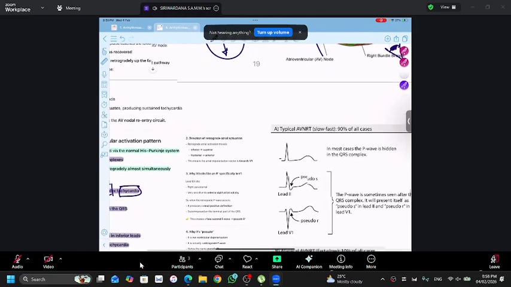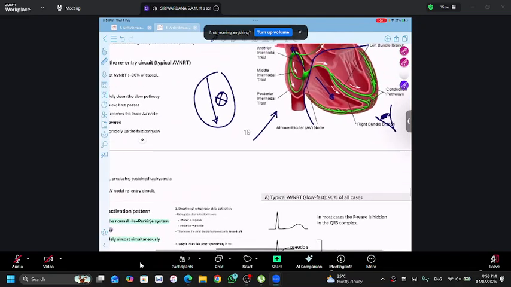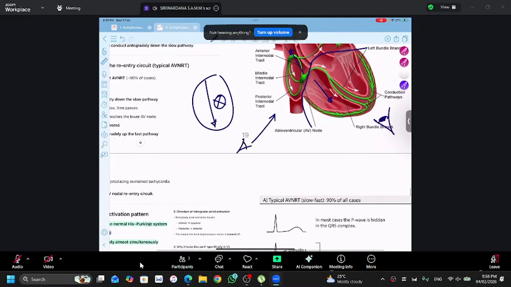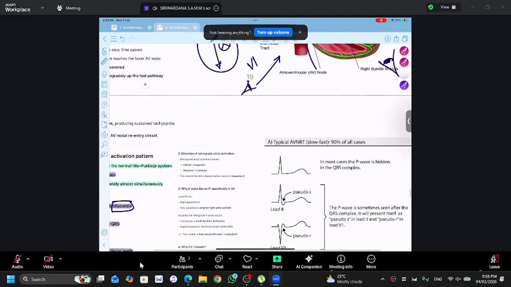Now, lead V1 looks at the heart laterally. Since the atrium is depolarizing from anterior to posterior, the electrical impulse is moving away from lead V1. Therefore, we will see that as a negative deflection in V1.